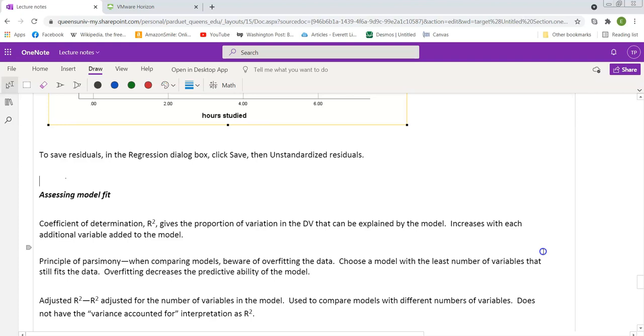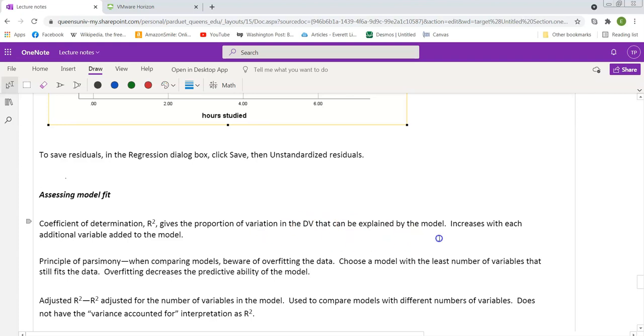The big difference is that your independent variable with regression has a whole lot more possible values because it's a continuous variable, rather than with ANOVA where it was categorical. So this is the same interpretation as before. This is the proportion of variation in the dependent variable that can be explained by the model.